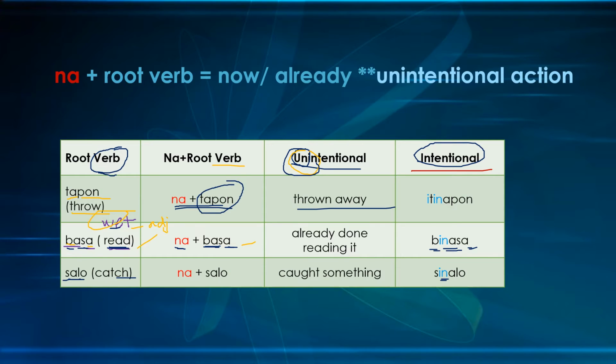So let's focus here on the na plus root verb. The only exception here is this word wet, which is an adjective, and if we put na at the beginning, we will have an unintentional thought of the thing that you want to say.